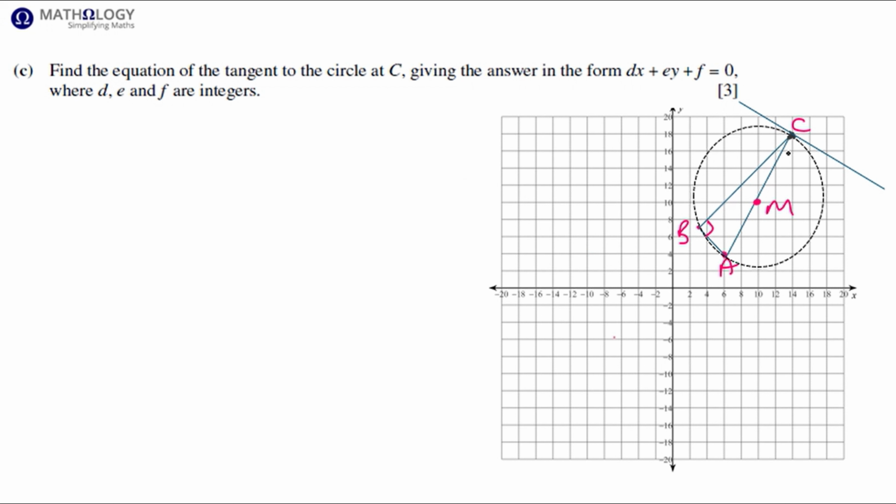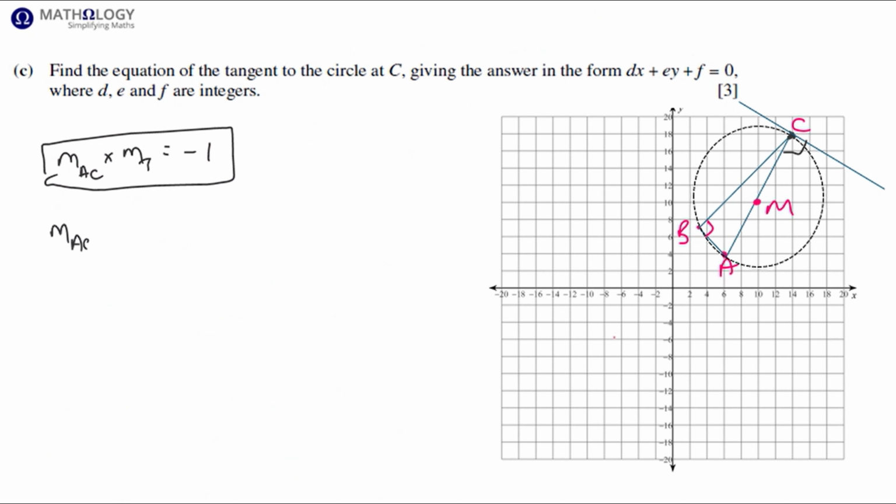So we know that AC is a diameter. So if we were required to find the equation of the tangent at C to the circle, then the gradient of AC times the gradient of the tangent at C equals minus 1, because they are perpendicular lines.